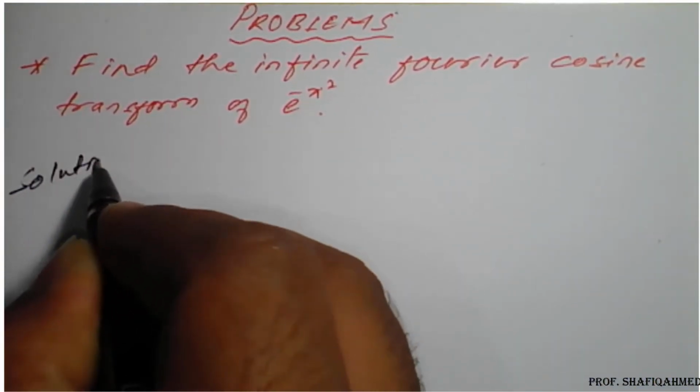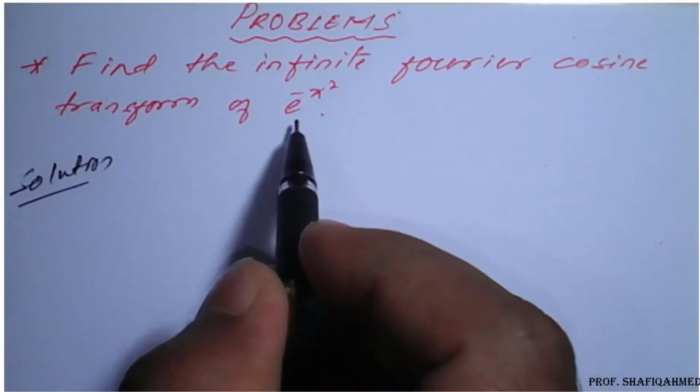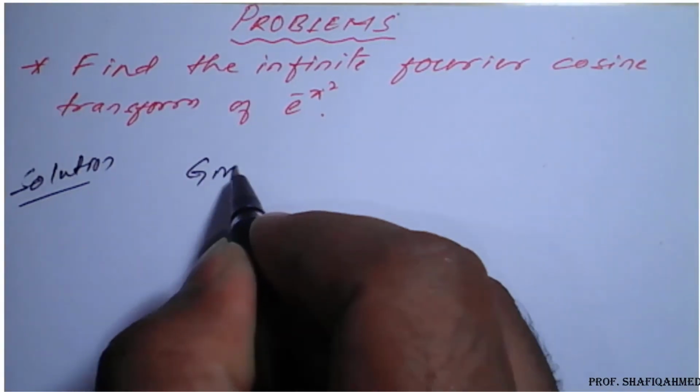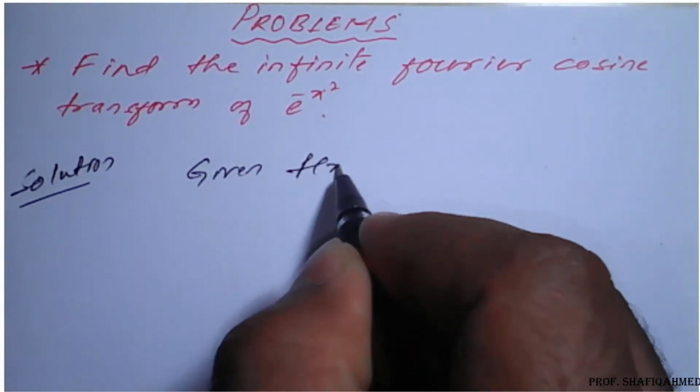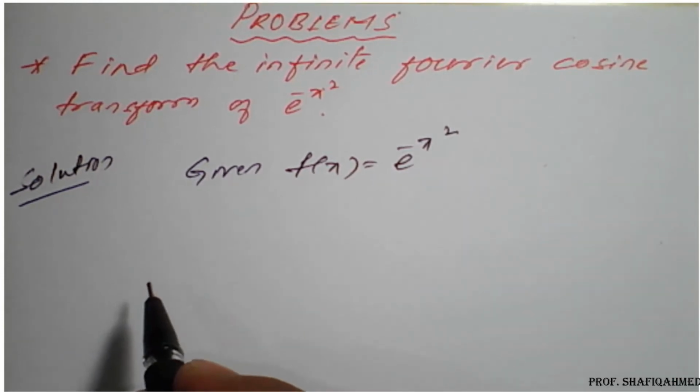Solution: they have given the function f of x is equal to e raised to minus x square.